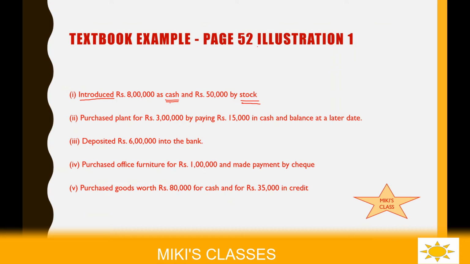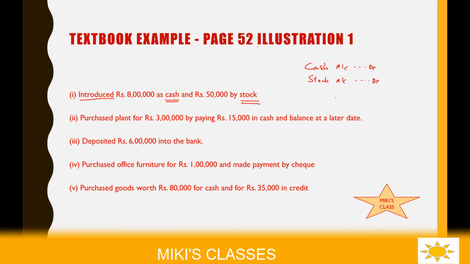The owner has put the cash into the business. So which means the cash account has to be debited. The other thing which has happened is the owner has also put in some stock, some goods. Correct? So that also has to be debited. So whatever the stock might be also has to be debited.